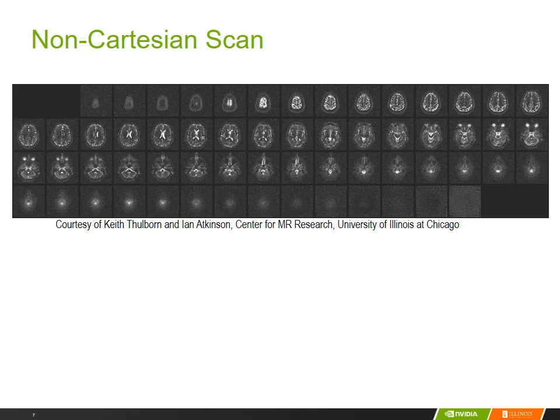The work is done at the University of Illinois at Chicago Medical Center. And Keith Thorburn's team used the MRI scan to map out the sodium concentration in the human brain cells. Sodium is a highly regulated substance in the human tissues.